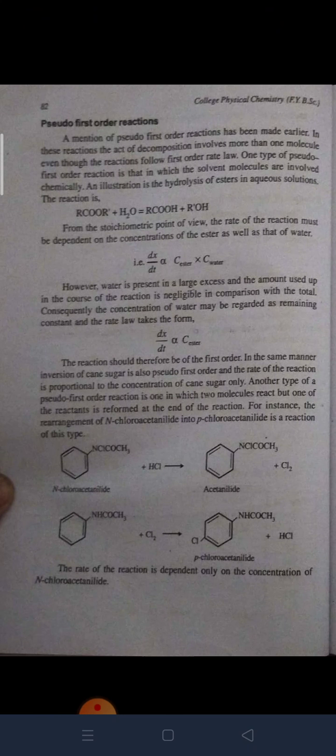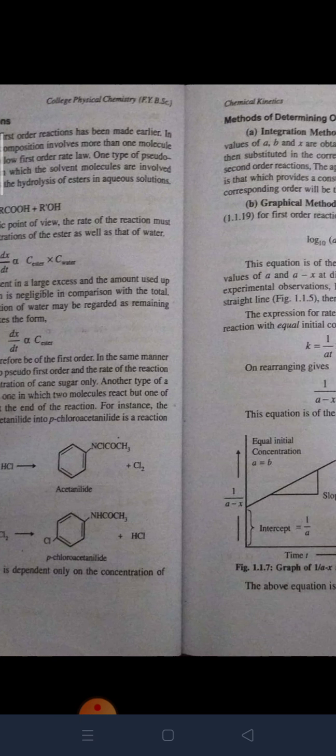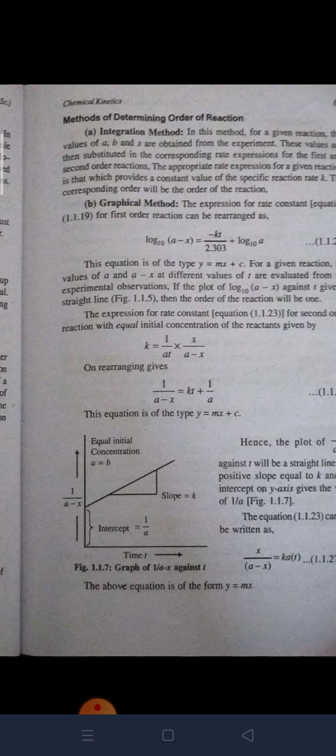The rate of reaction depends only on the concentration of the N-chloroacetanilide. Hence it is a pseudo first order reaction.